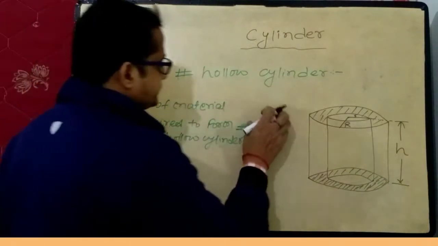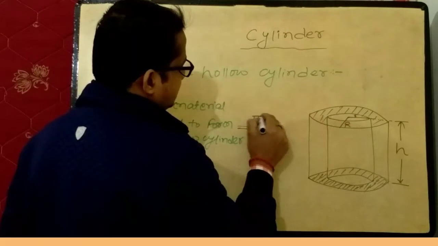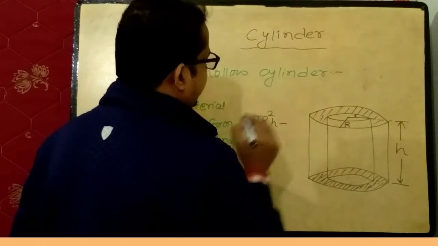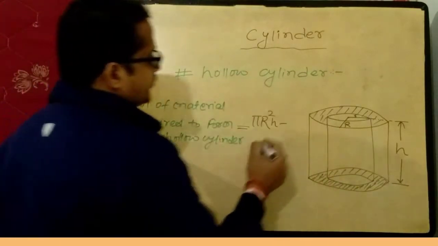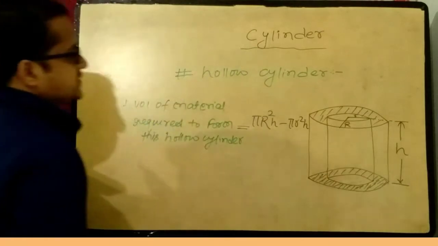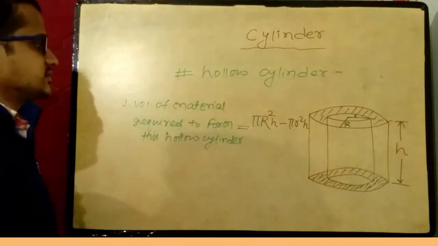That is, the volume of the outer portion of the cylinder is pi capital R square h minus the volume of the inner portion of the cylinder, pi small r square h, and h is the height, which is common for both the cylinders.